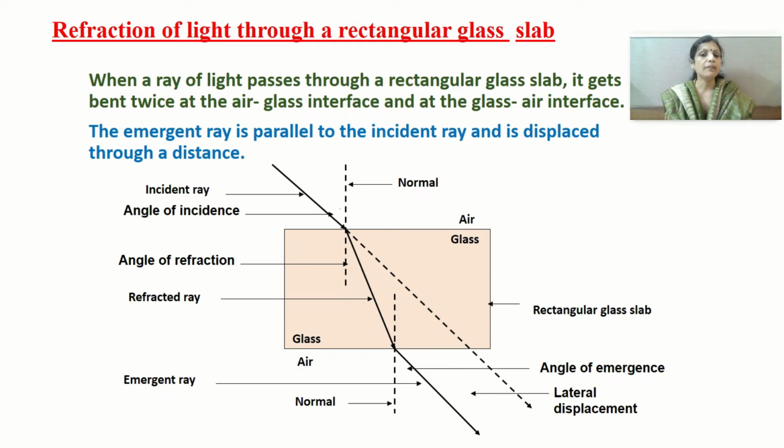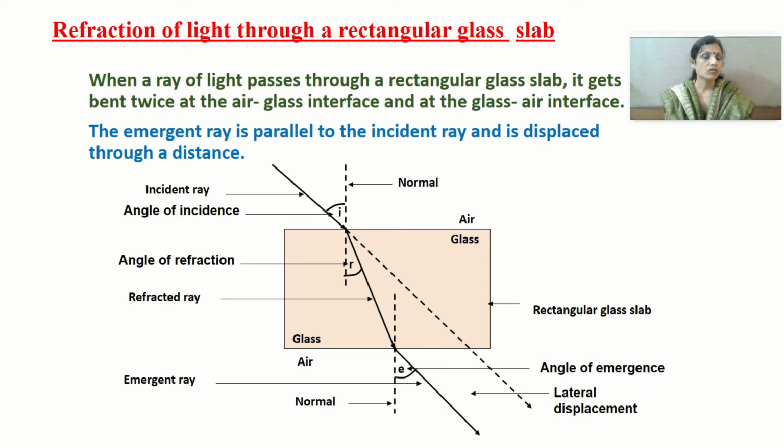The angle made by the incident ray with the normal is called the angle of incidence, and the angle made by the refracted ray with the normal is the angle of refraction, and the angle made by the emergent ray with the normal is the angle of emergence.